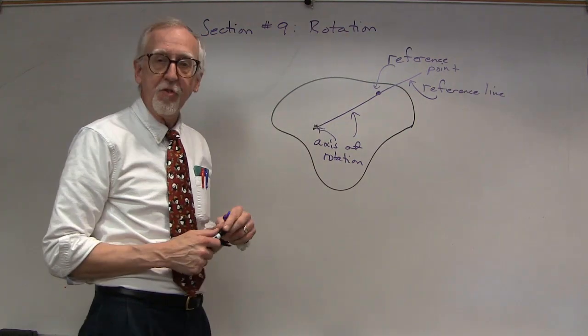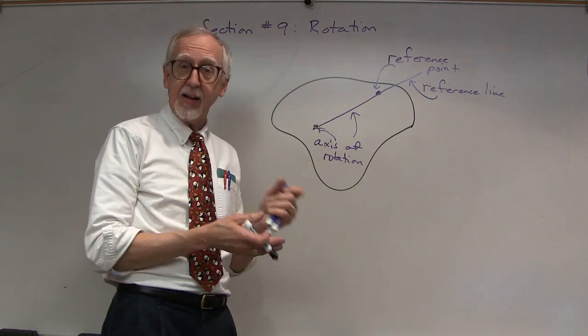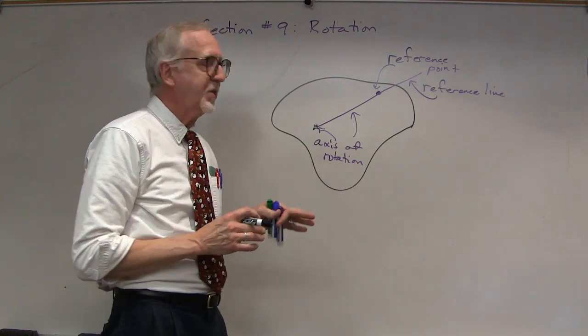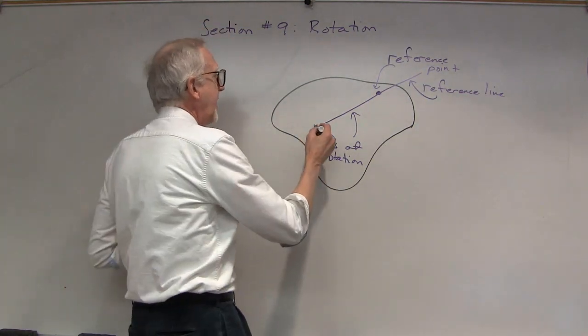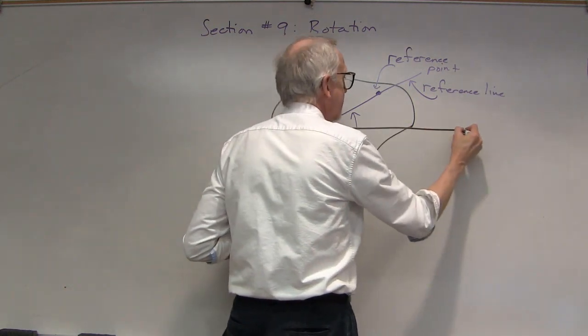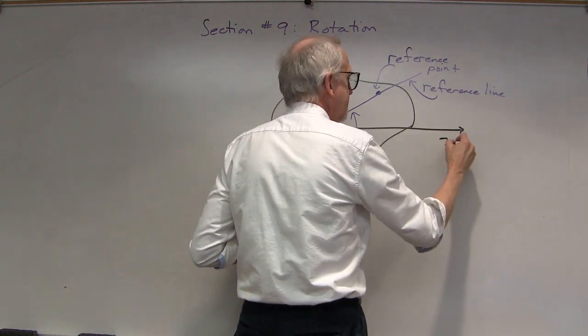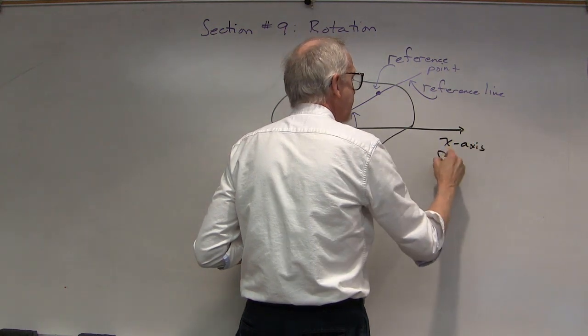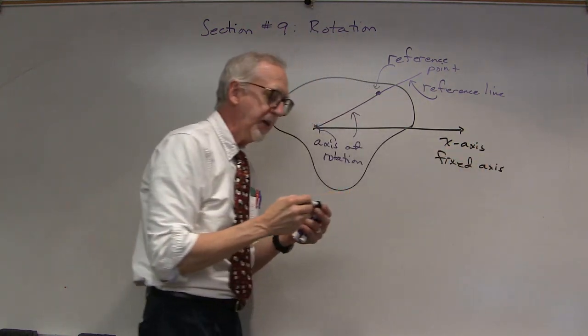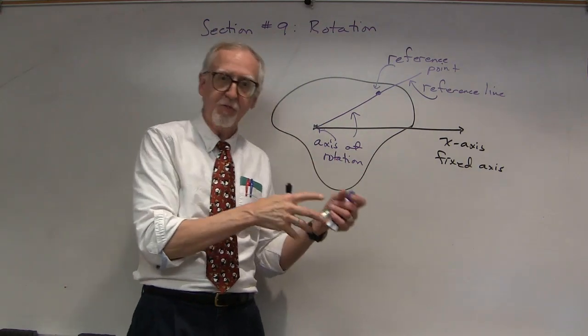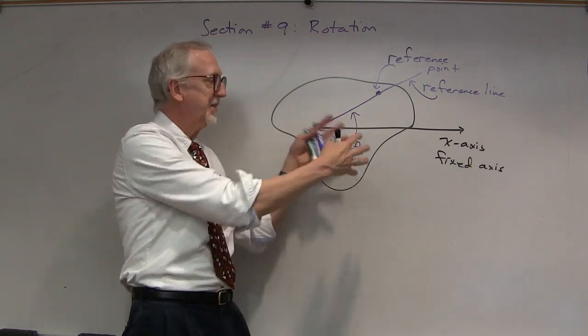In addition to our reference line, let's define an axis. Not an axis of rotation, but an axis like the x-axis. We are going to define a fixed axis like the x-axis. So this is a fixed axis. And when I say fixed, what I mean is fixed in space, fixed relative to us that are observing it.